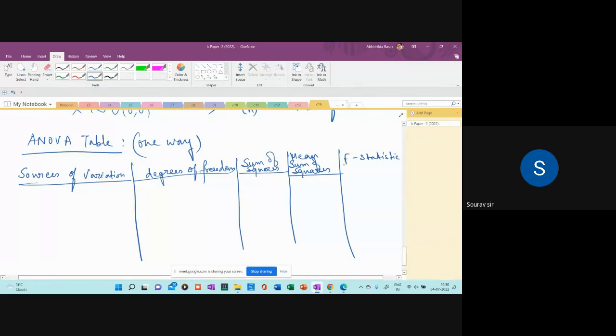Okay, so we have two kinds of F statistic. One is F observed and one is F tabulated. For sources of variation we have factor A, error, and for the total we have total.